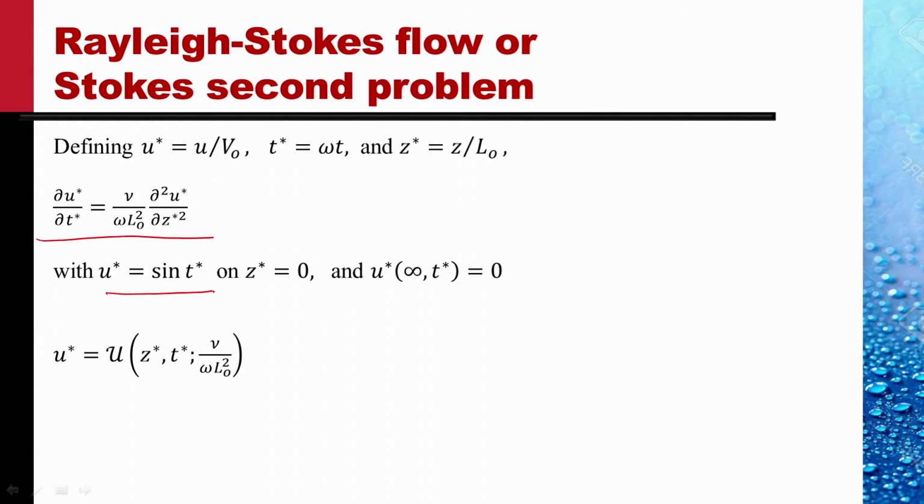Now comes the interesting part. This is an unsteady flow problem, and there is a viscous flow. Viscosity is central to the problem. We cannot neglect viscosity. So both terms in this equation must be retained. None of the terms must drop out.